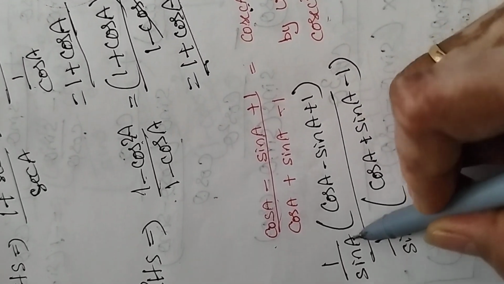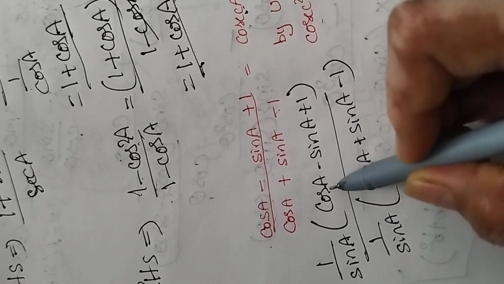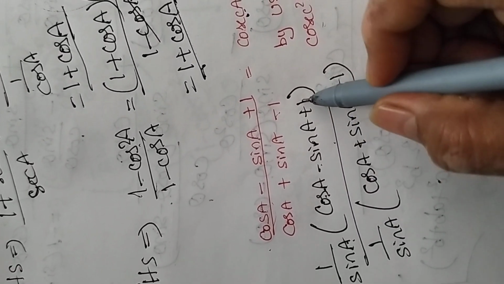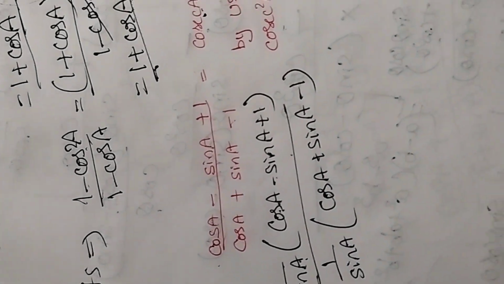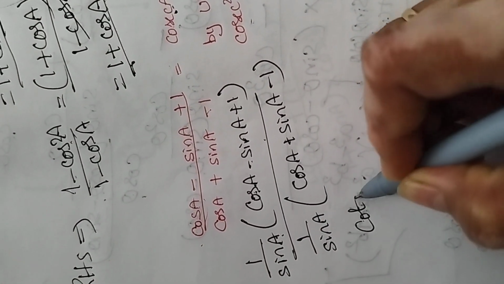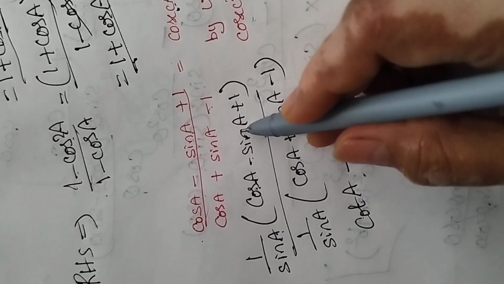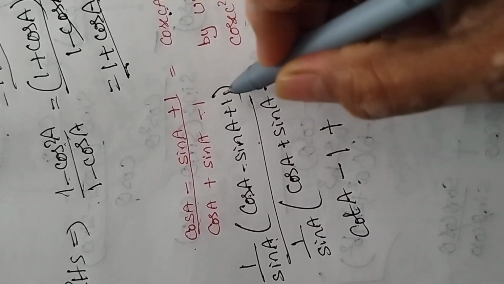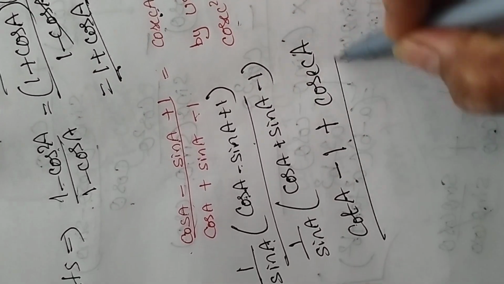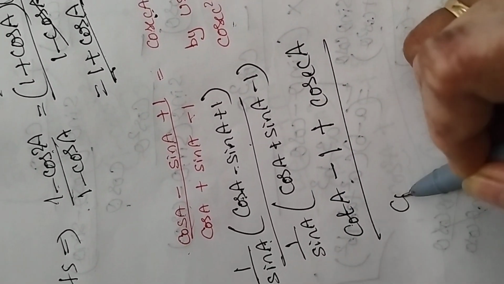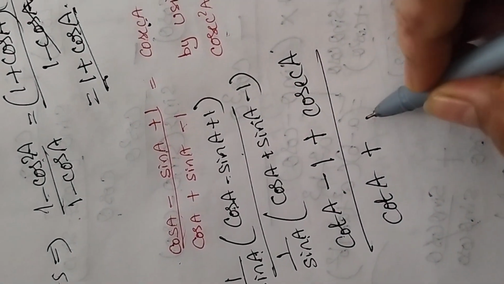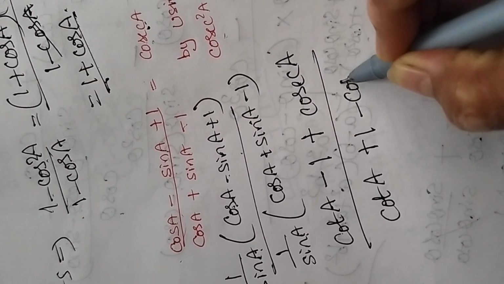So in each term sin A will come: cos A by sin A, next minus sin A by sin A, 1 by sin A. If you simplify, cos A by sin A means cot A, minus sin A by sin A means 1, plus 1 by sin A means cosecant A. Cos by sin means cot A, plus sin A by sin A means 1 minus cosecant A.